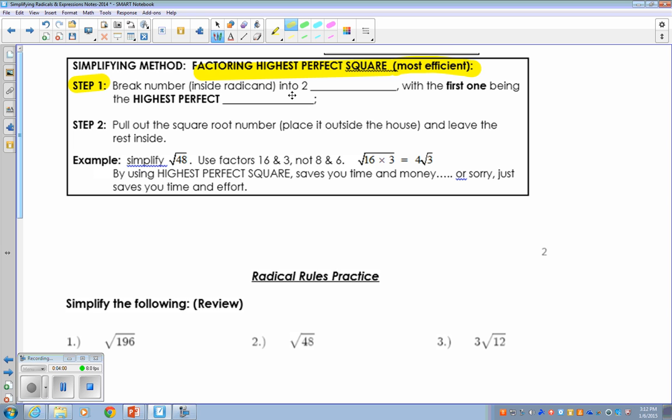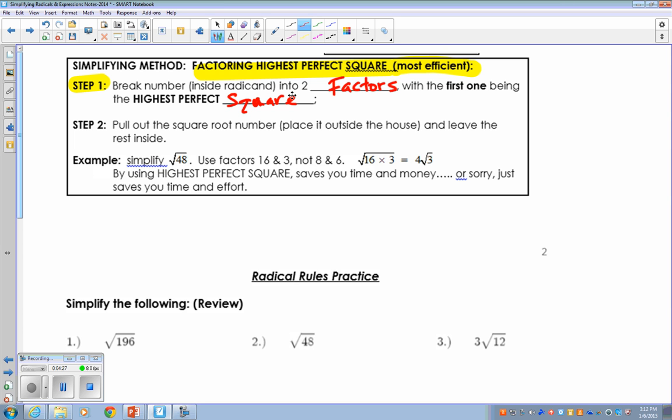For step 1, you're going to break the number inside, which is the radicand, into 2 factors, with the first one being the highest perfect square. This is why I'm asking you to make sure you know your perfect squares by heart, because you're going to have to use them to factor your non-perfect squares, the radicals that we're going to simplify.